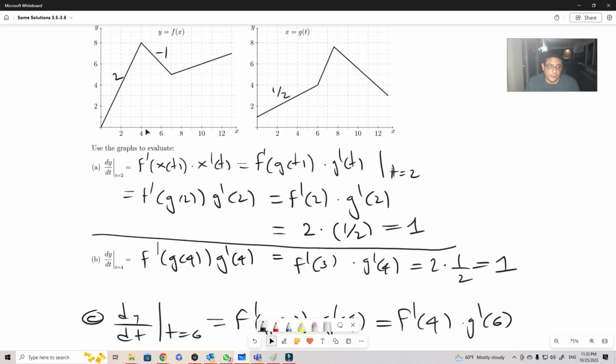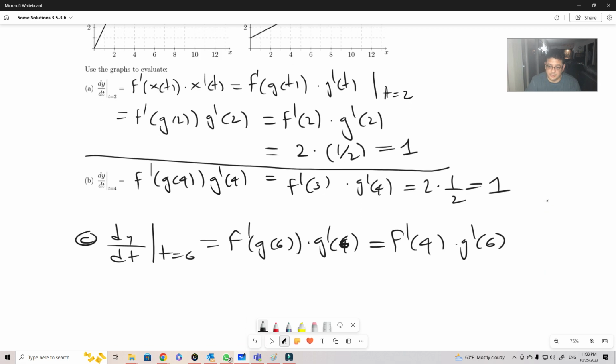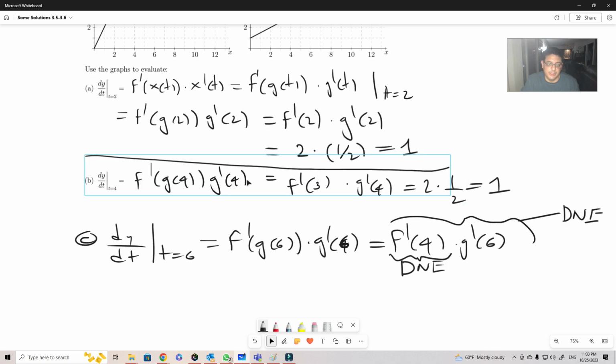But f prime of 4 does not exist because it's a peak. So overall this does not exist. Okay, so this is not only something that happens with product rule, but it can also happen with chain rule. Right, and so this is the end of part 1 of the product rule.